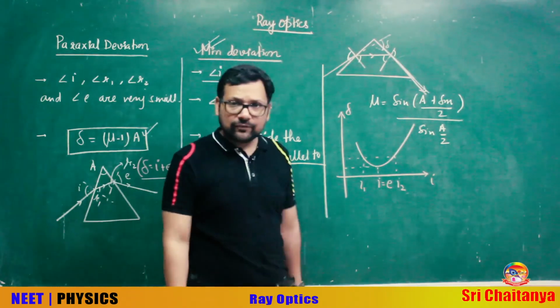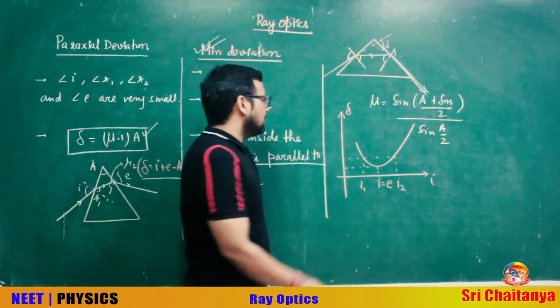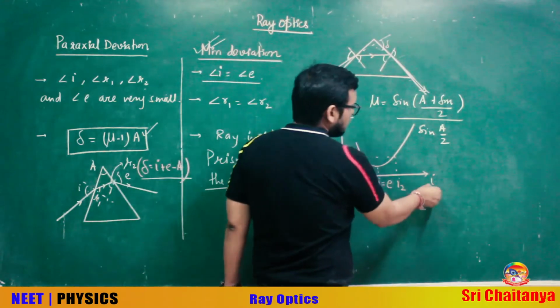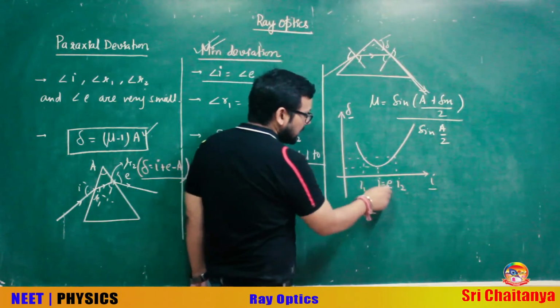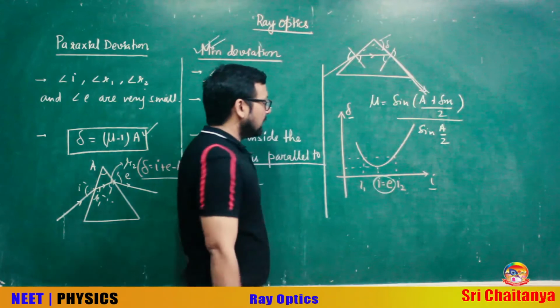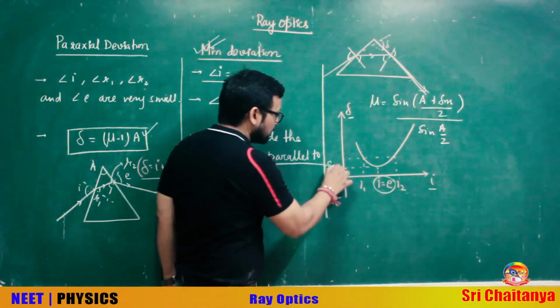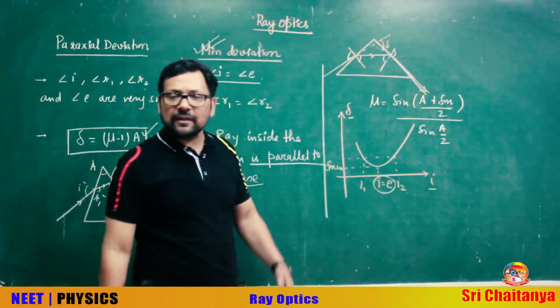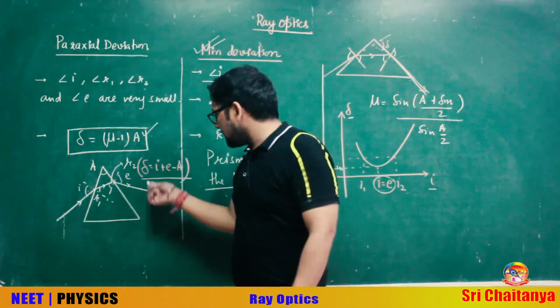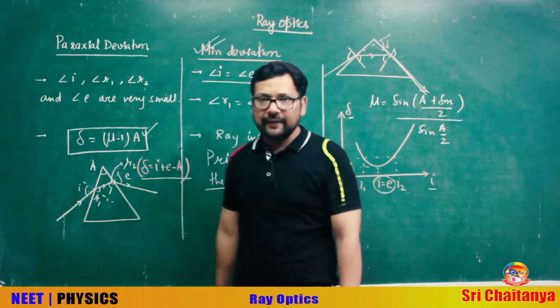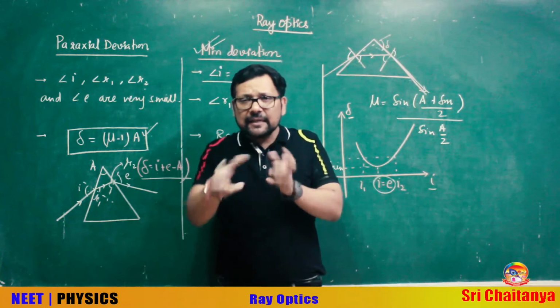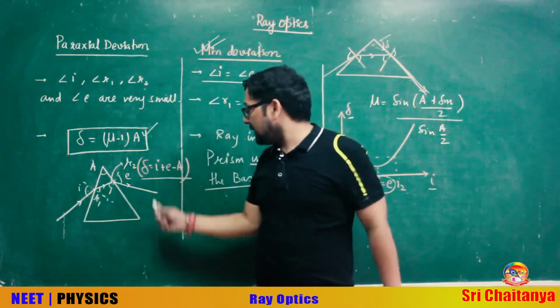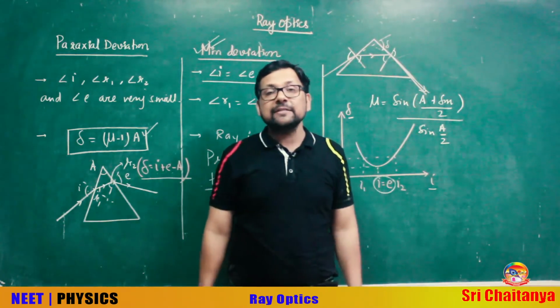Graphically, if you define this, this is the deviation, this is the incidence angle, and you can see at I equal to E, the deviation is minimum. One very interesting thing about this deviation is, if you see the formula I plus E minus A, and you interchange the numerical values of I and E, the deviation remains unchanged.